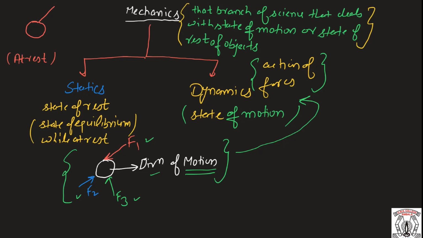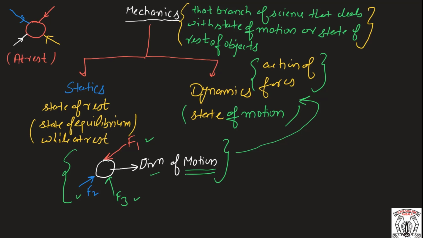But if forces are acting such that one force is in that direction, another force is in this direction, and one force is in this direction, another force is in this direction, so their net resultant force is 0. So we can say that the body is in equilibrium.